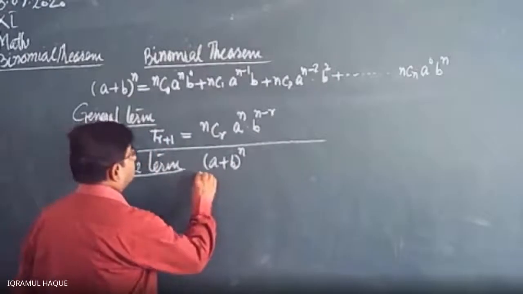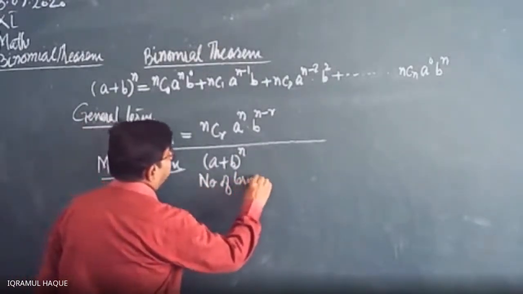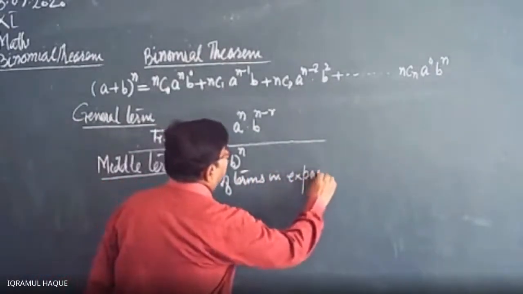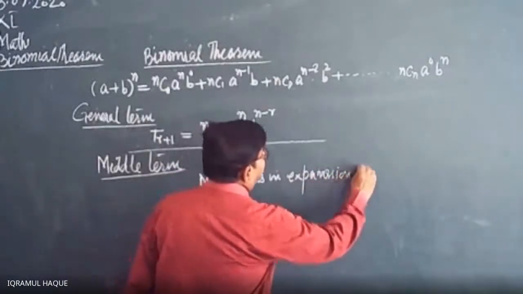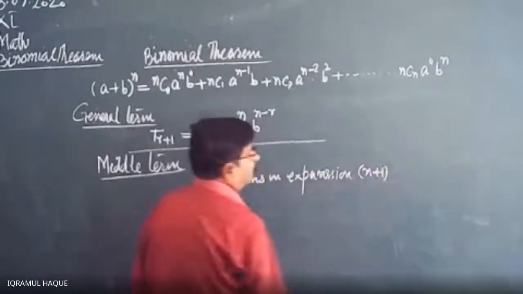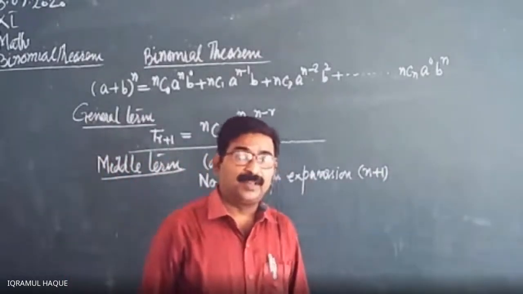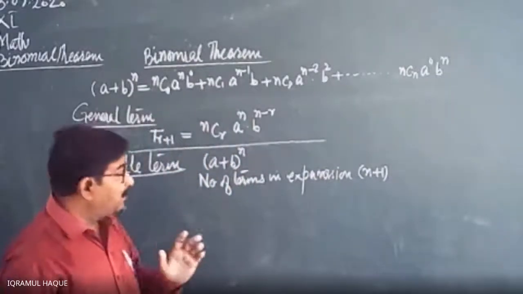So the number of terms in the expansion is n plus 1. So what is the middle term?